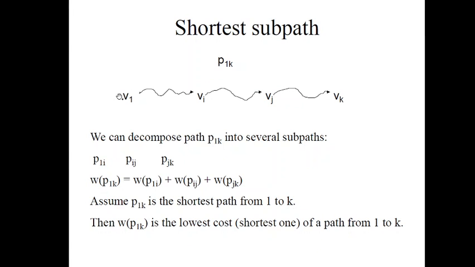If our source vertex is V1 and our destination is Vk and our path is something like this, V1 to Vi, Vi to Vj, then Vj to Vk, that is subpath 1, subpath 2 and subpath 3. Then we can decompose the path P1k into several subpaths: P1i, Pij and Pjk.